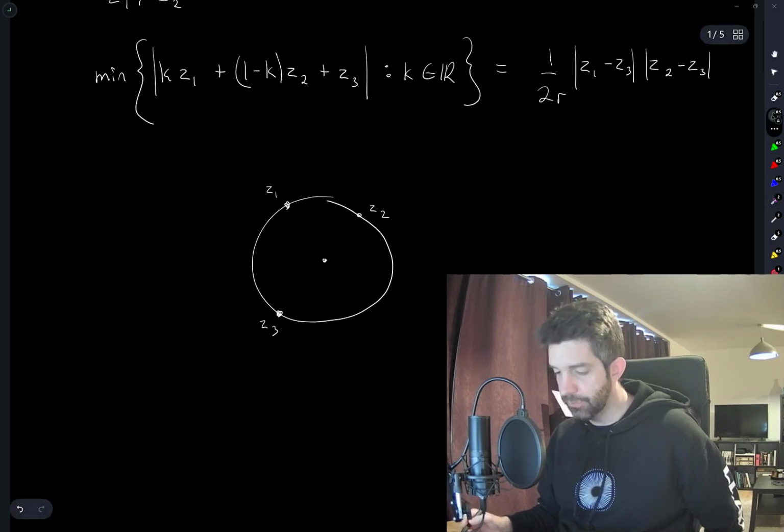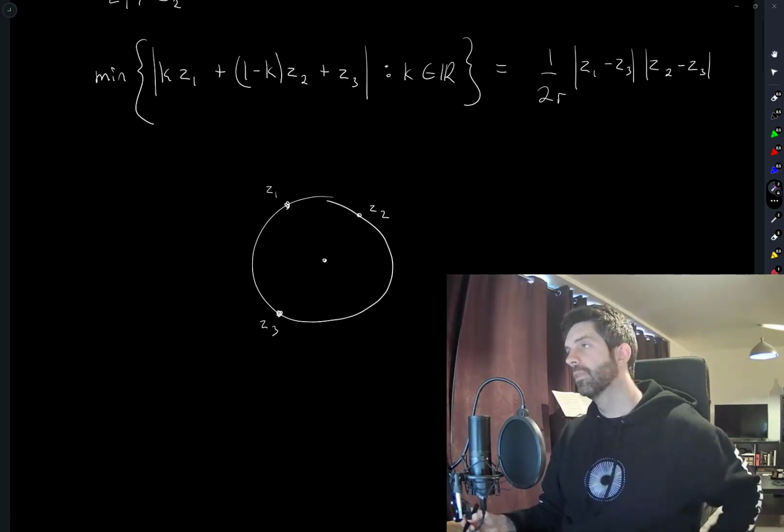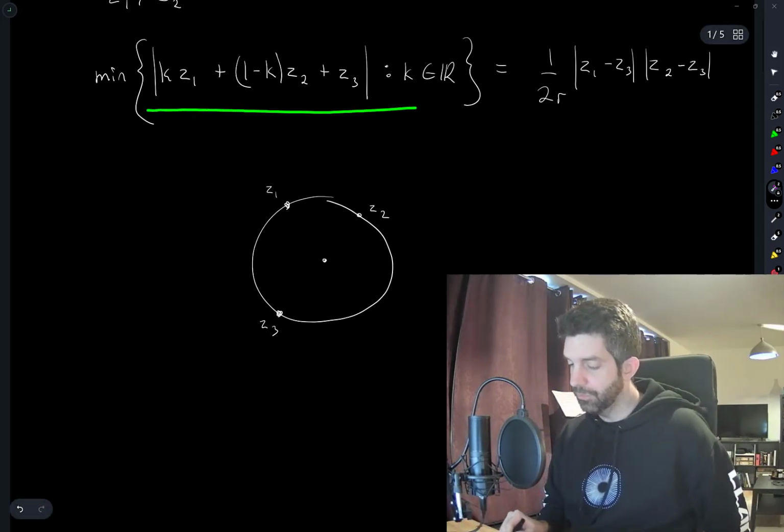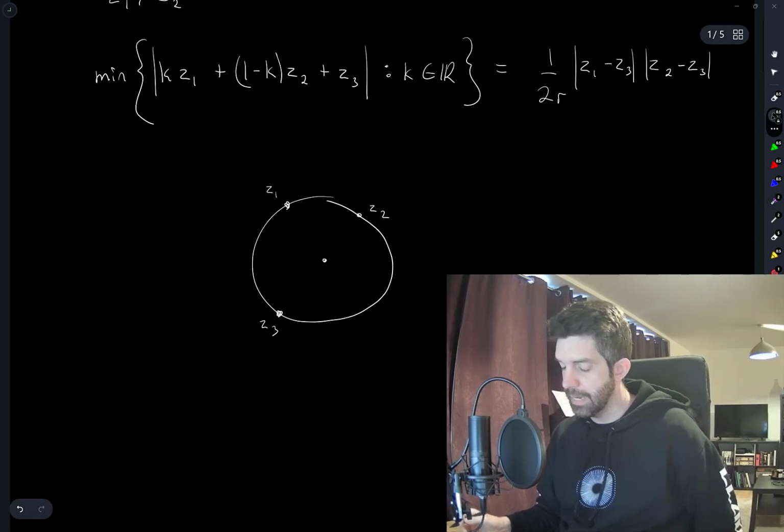Would it be an absolute disaster to just write out arbitrary coordinates of z1, z2, z3, figure out the equation of the line, and show that the distance of the closest point is given by that? Right, we could maybe even explicitly do the minimization with respect to k here.